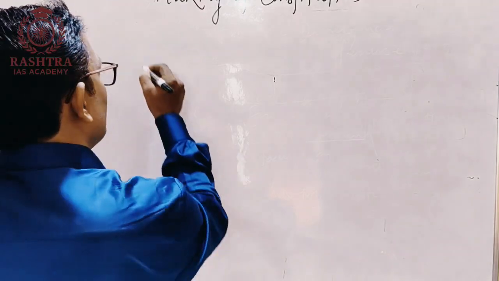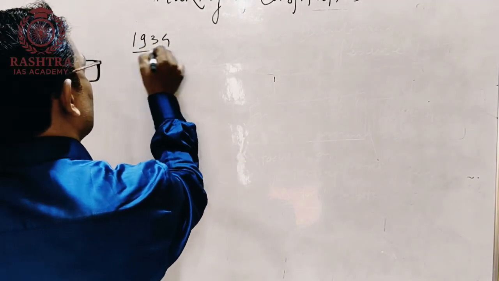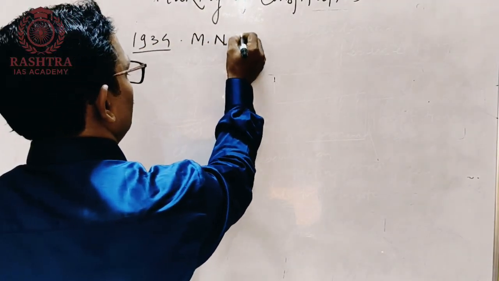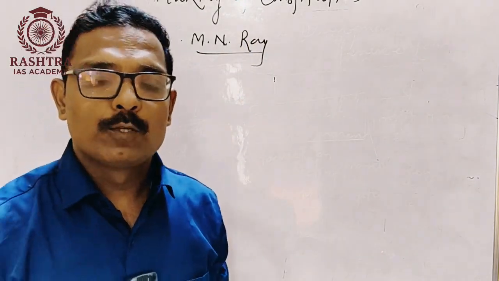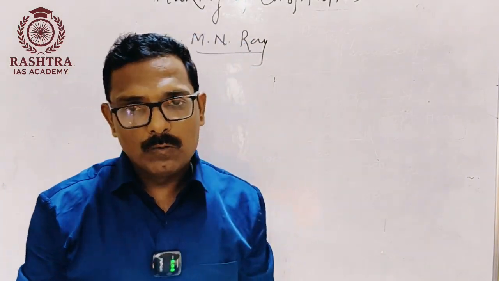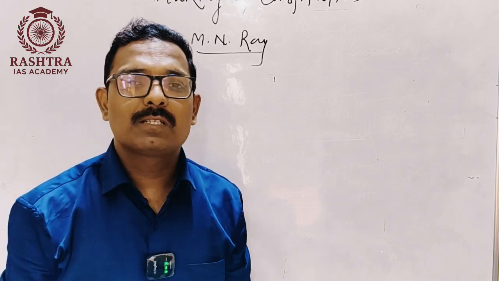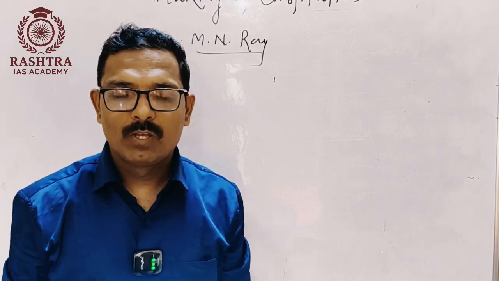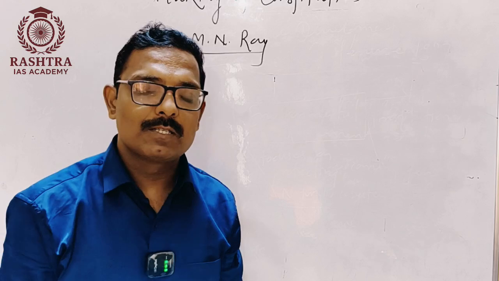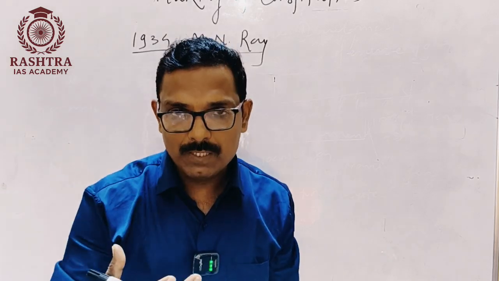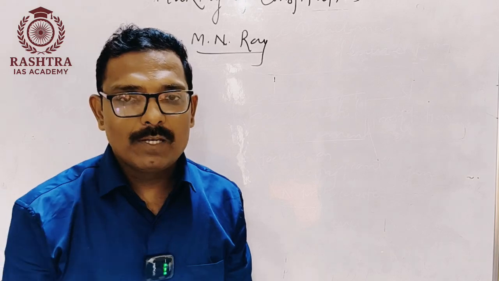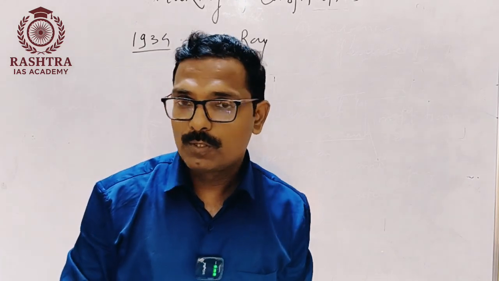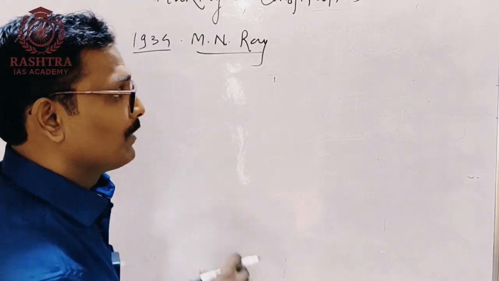In 1934, M.N. Roy, one of the greatest socialists and communists, thought of having a first constituent assembly for India. To draft the constitution for any country, some people need to get together to write it. So the first one was M.N. Roy.